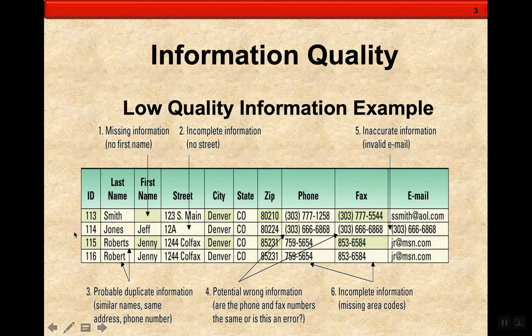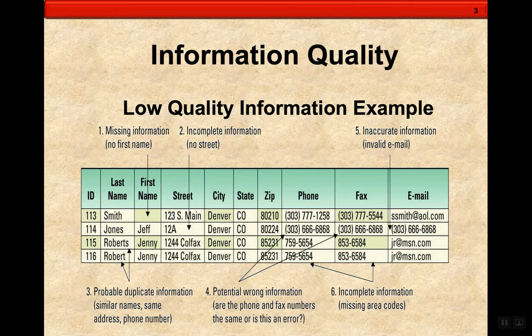Or you can have multiple records of a particular type. For example, you'd have Jeff Jones, or J Jones, or J. Jones, or Jeffrey Jones, a whole number of different versions. You could have Jeffrey with a capital J, or a Jeffrey with a lowercase j.